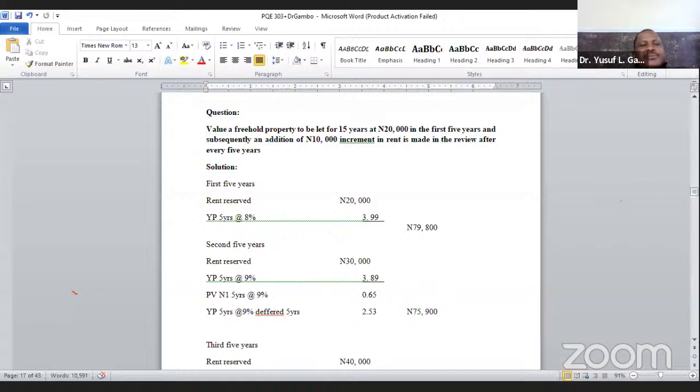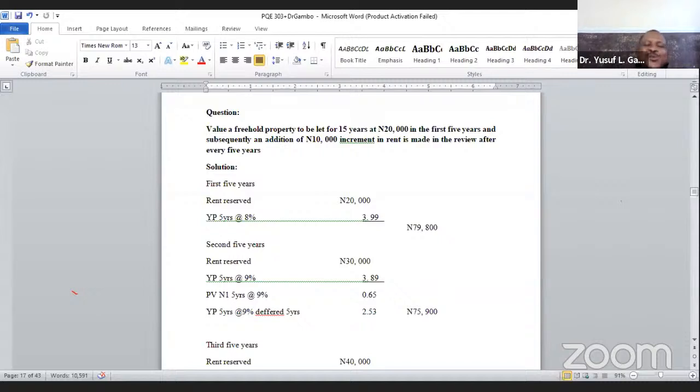So now, value a freehold property to be let for 15 years at 20,000 in the first 5 years, and subsequently an addition of 10,000 increment in rent is made in the review after every 5 years. So every 5 years, there will be an additional 10,000 on top of the initial 20,000 of the lease.